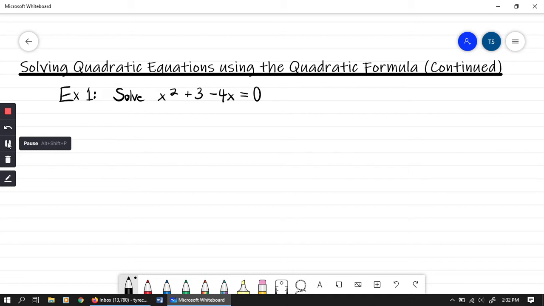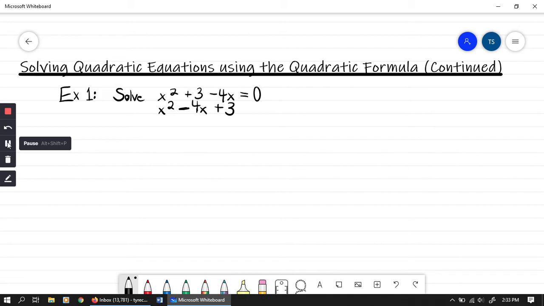We keep the signs. The sign for this 4 is negative, and we keep that sign the same. It was negative 4, and it's still going to be negative 4x when you write it here in the middle. This 3 was positive 3, and it's still positive 3 when I switch the order on the same side of the equal sign.